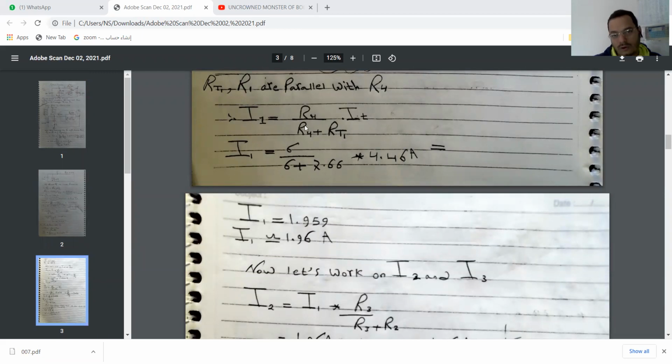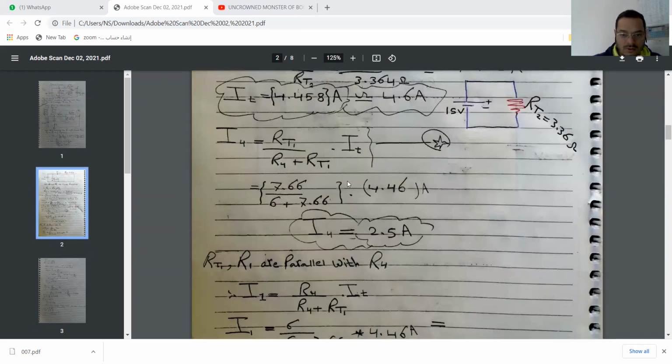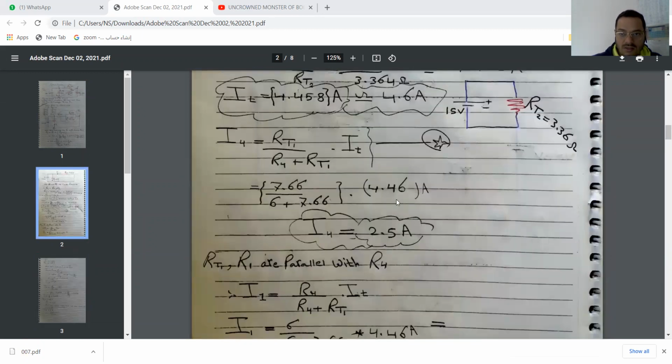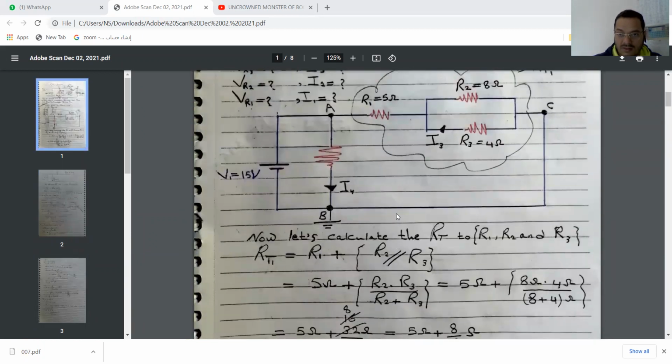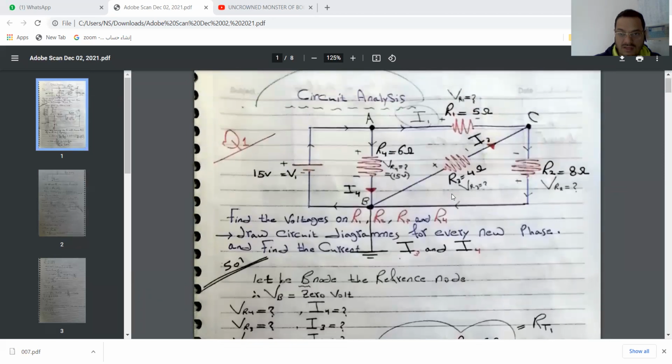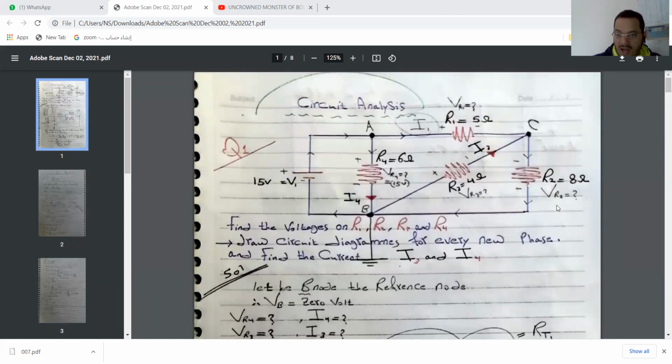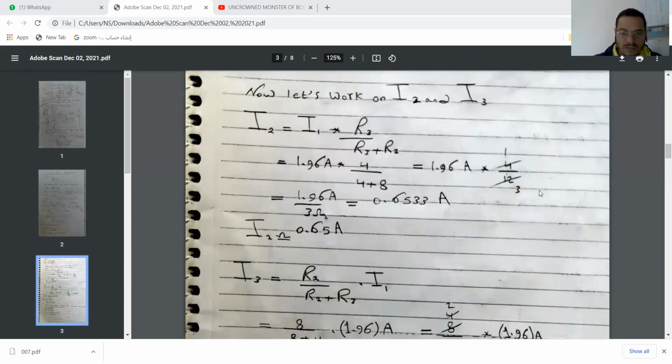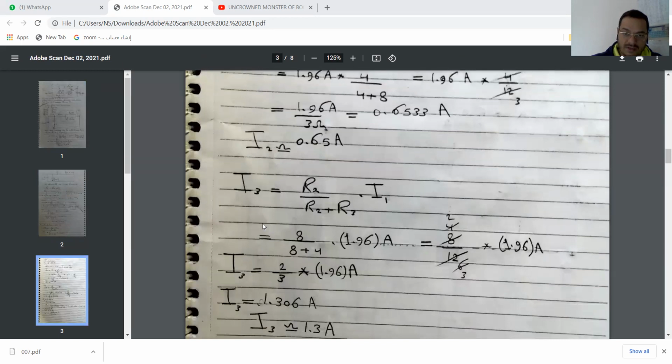R4, sorry, not R4, R3. I think I said it right. Yes, R3. I2 equals I1 times R3 divided by R3 plus R2. Let us take a look again. That's right. Approximately, I2 equals 0.65 ampere.